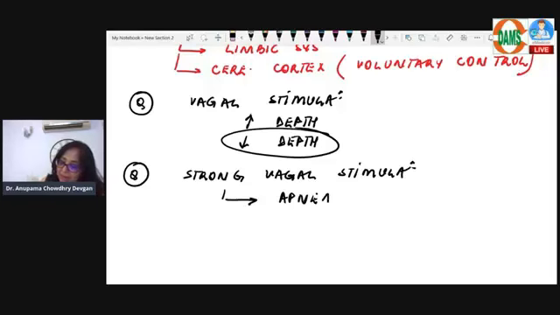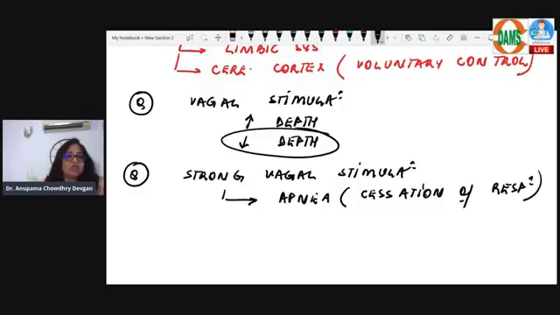There is an apnea. Respiration ceases, stops. A strong vagal stimulation will, in fact, lead to a cessation of respiration. Let's look at the next question.